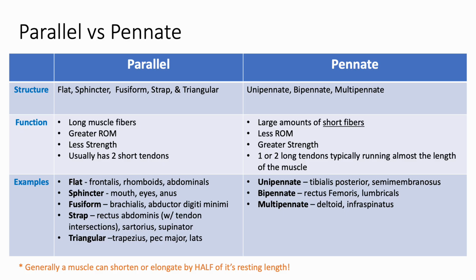Strap, uniform width throughout, as the sartorius, and triangular, which are fan-shaped like the pectoralis major. And then as far as pinnate, we have unipinnate, bipinnate, and multipinnate.